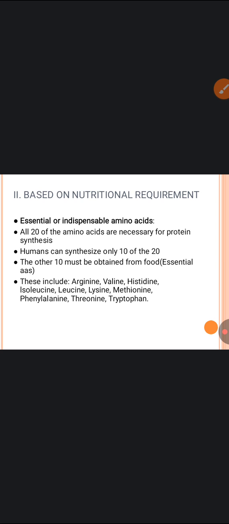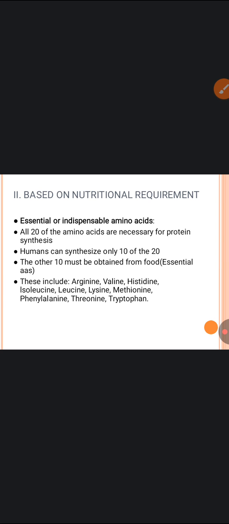So the first one, these are the essential amino acids. The first class of amino acids based on nutritional requirement are essential amino acids. These are the amino acids that cannot be synthesized by our body. Our body cannot synthesize these amino acids, that's why we call them essential amino acids.